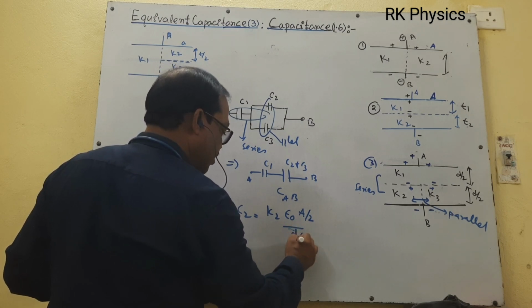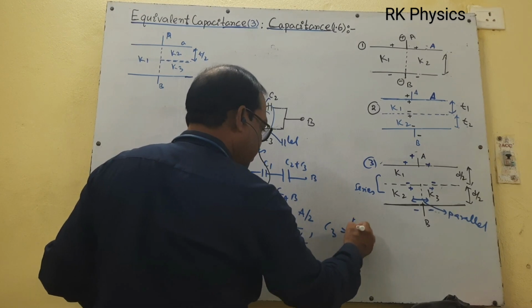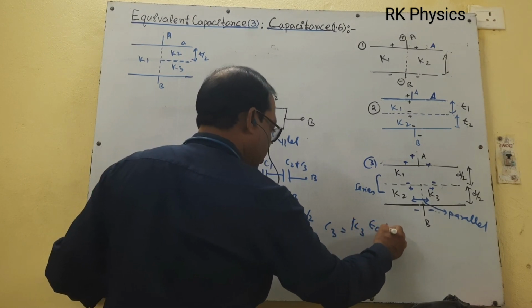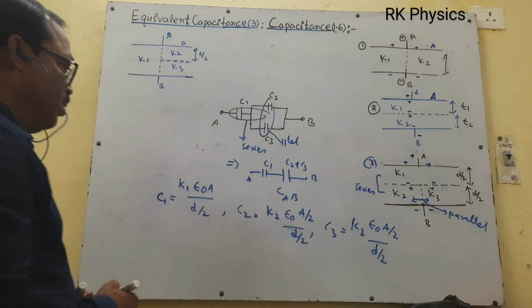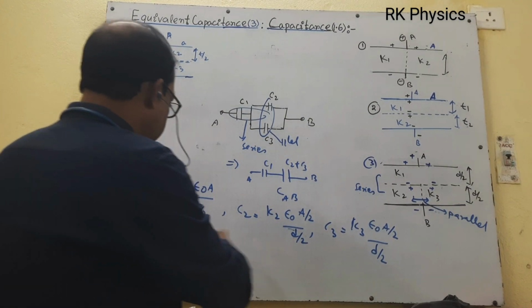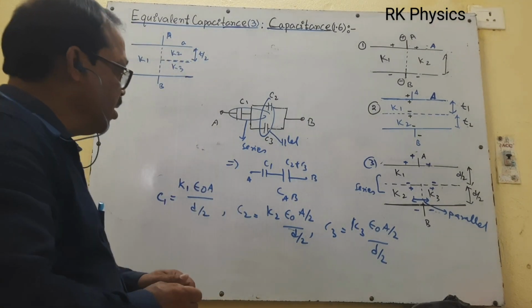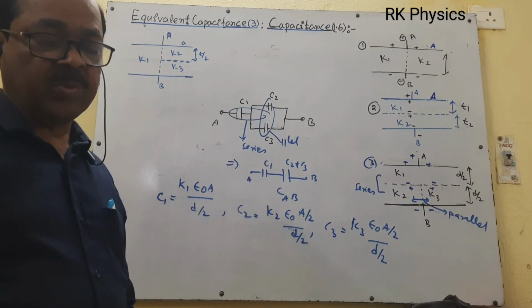C3 is exactly K3 epsilon 0, A is half and D is half. So these are the values of C1, C2 and C3, and you substitute here and you can solve it.